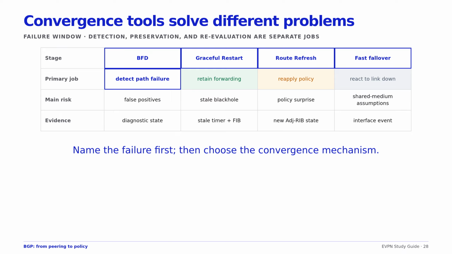Route refresh asks a peer to reapply policy without resetting the session. It is not failure detection. Fast external failover reacts to interface state for directly connected peers. Aggressive timers can improve detection but also amplify churn. Select each mechanism for a named failure, measure reconvergence, and verify for both stale forwarding and premature withdrawal.